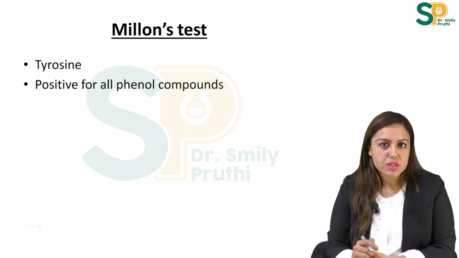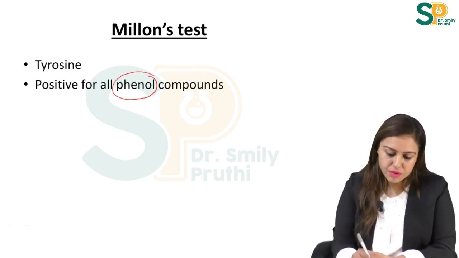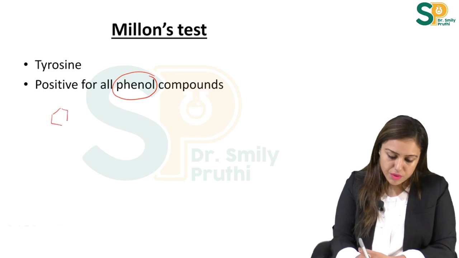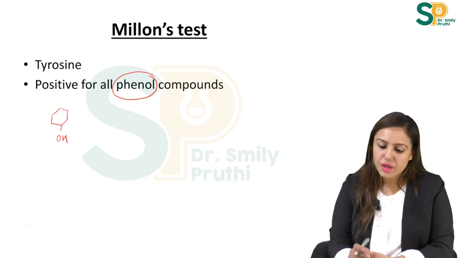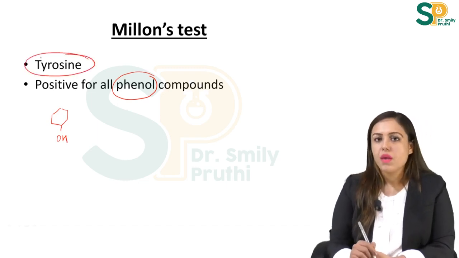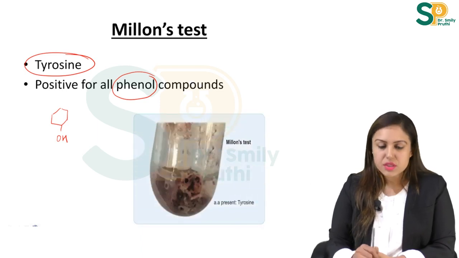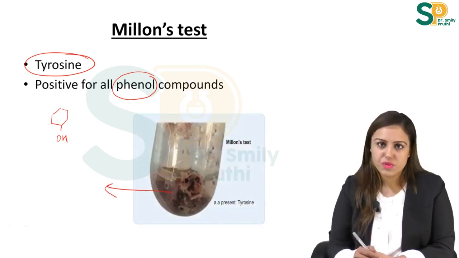Now, coming to Millon's test, which is for any phenol compound, a phenyl ring with OH. The amino acid with a phenol group is tyrosine, and this test gives a reddish brown color, which is a positive reaction.